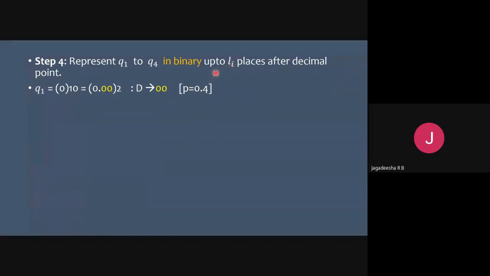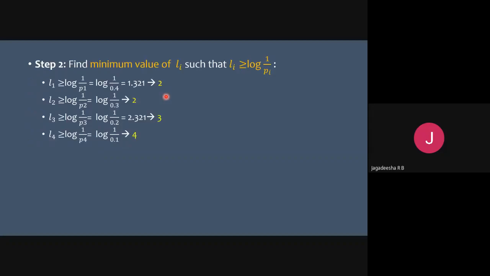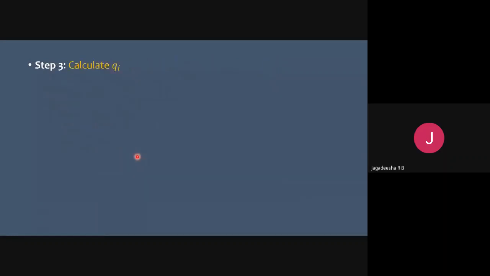Do you remember the L1 value? Maybe I can just go back and show you. Please remember here, L1 value is 2, L2 value is also 2, L3 is 3, L4 is 4. Okay? 2, 2, 3, 4. This is what we need for the next calculation.